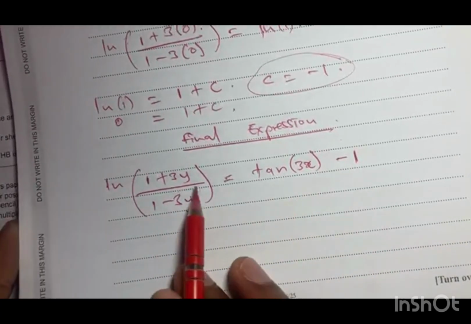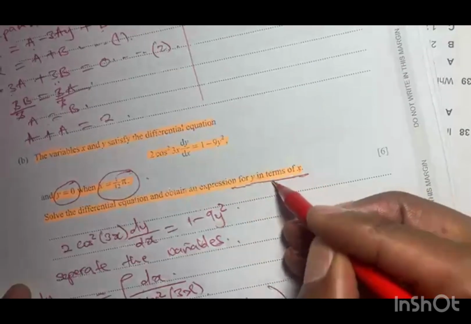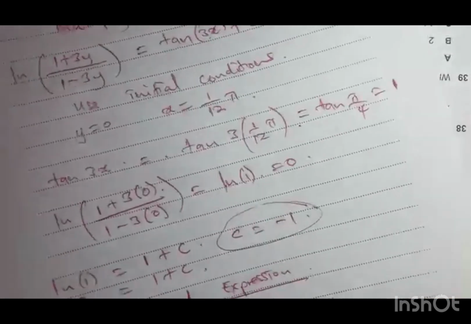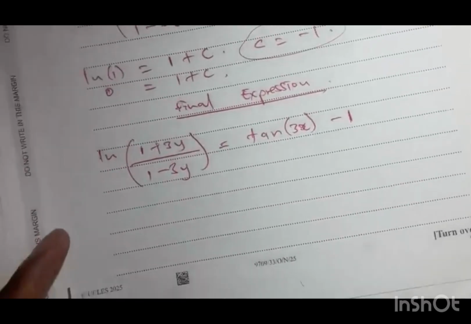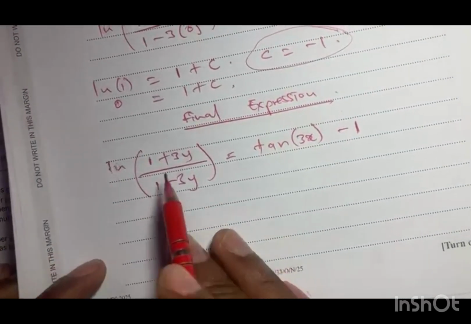But then the question was saying that I should express y in terms of x. So to express y in terms of x, I'll introduce exponent so that I will remove the ln here.